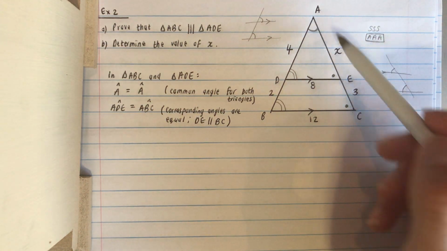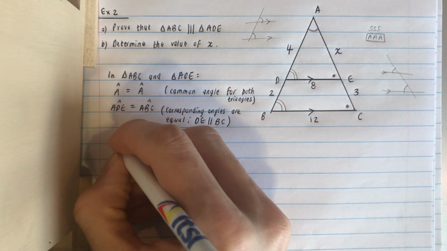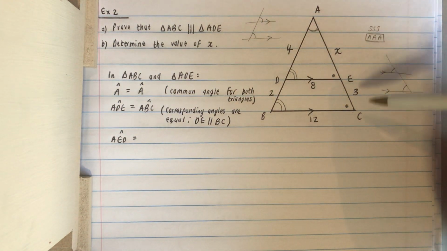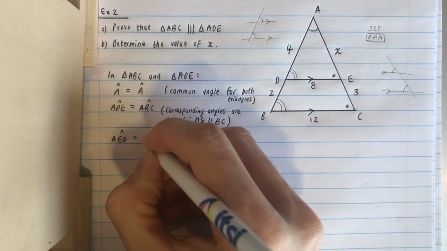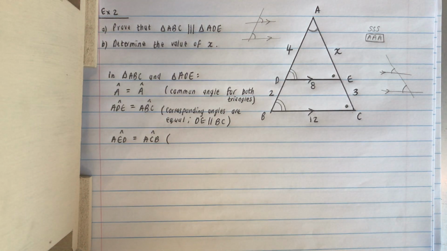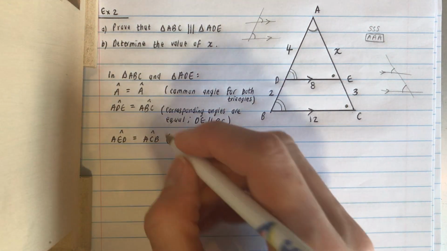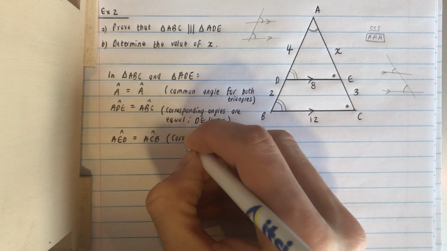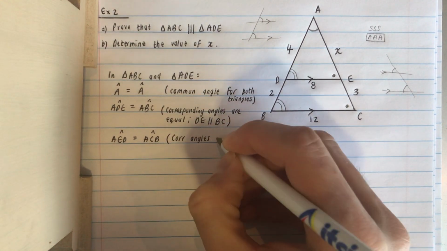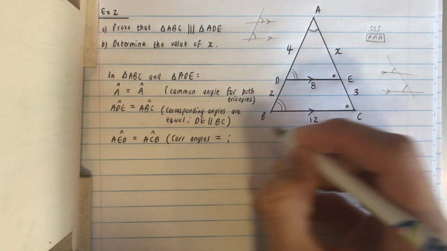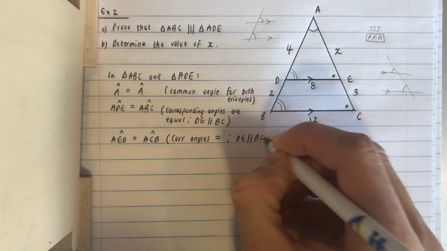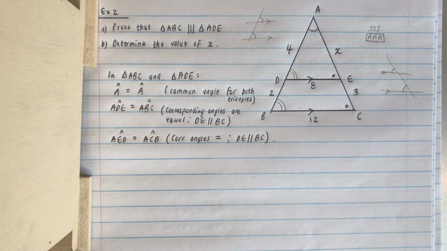So it's angle AED. Angle AED is equal to angle ACB. Once again, it's corresponding angles that are equal. And let's say once again DE parallel to BC has to be included in our reason.